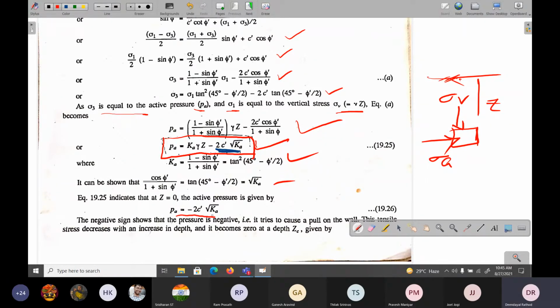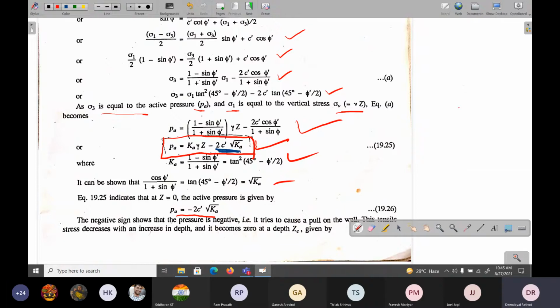What does it mean? Suppose you have a retaining wall. At the top of the wall, at Z equals 0, you also have some active earth pressure, a negative active earth pressure.